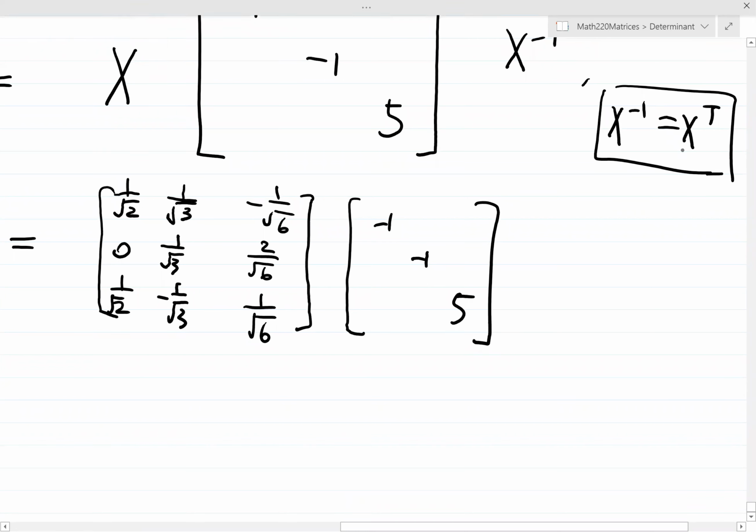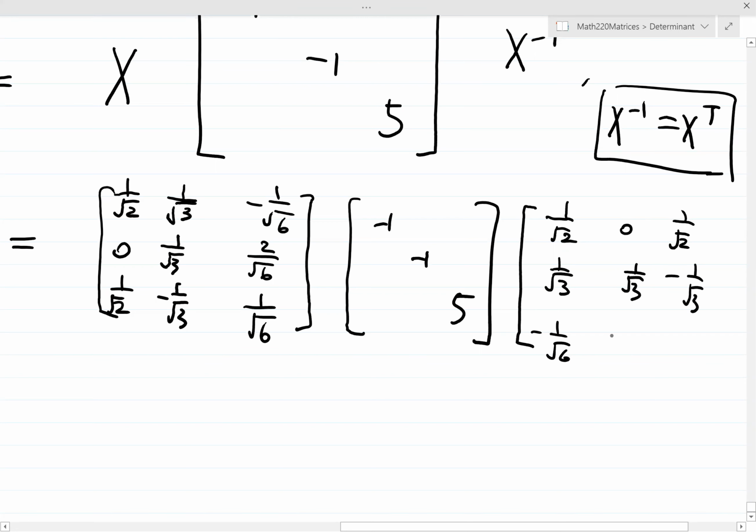So we don't need to use Cramer's rule to compute the inverse again. X transpose: you write the column vectors as row vectors, and then this is -1 over root 6, 2 over root 6, 1 over root 6.